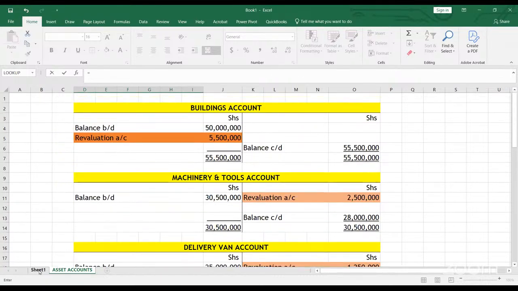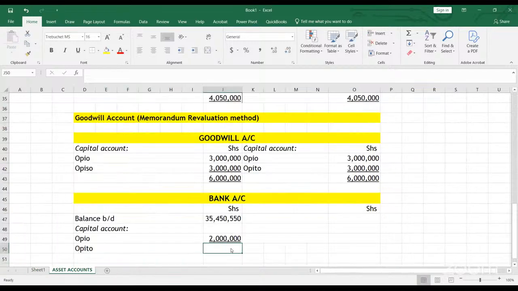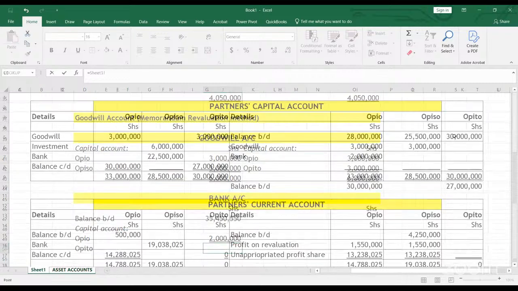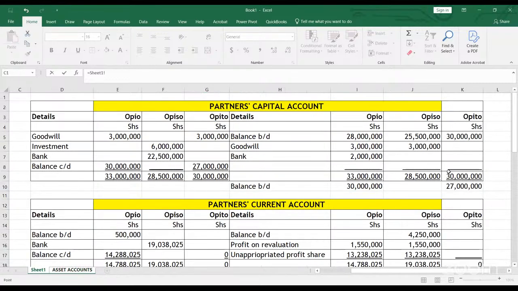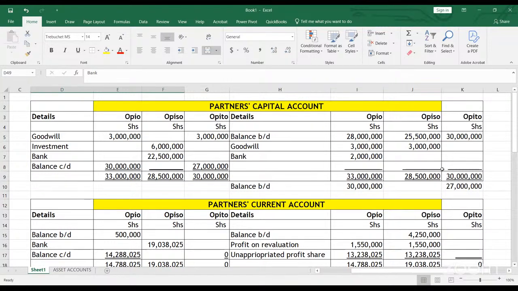Opito also contributed 30 million. The 30 million was supposed to be somewhere here, in the bank.